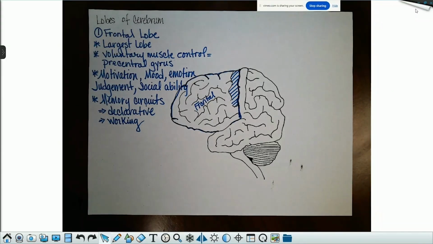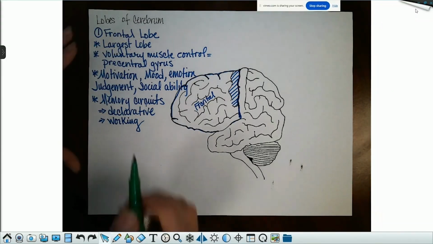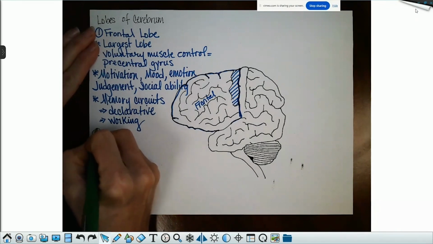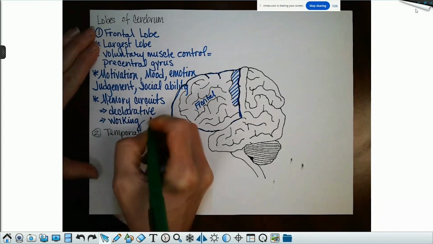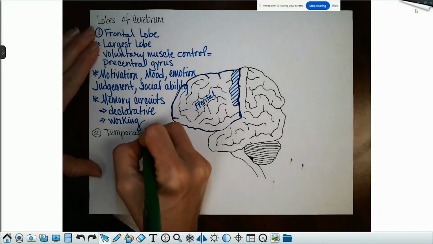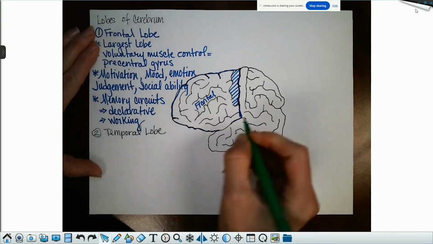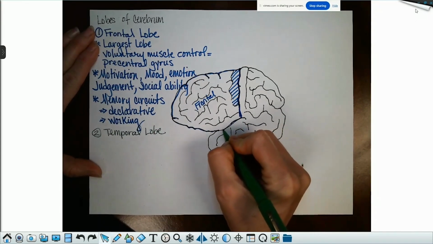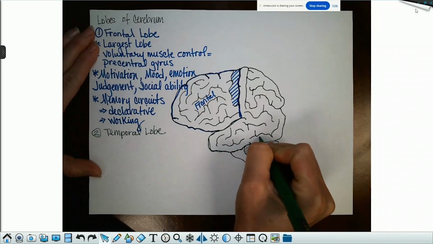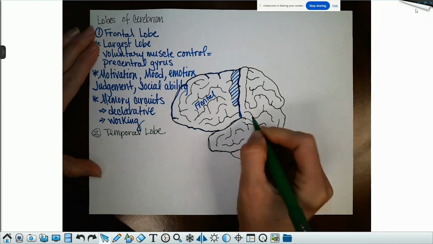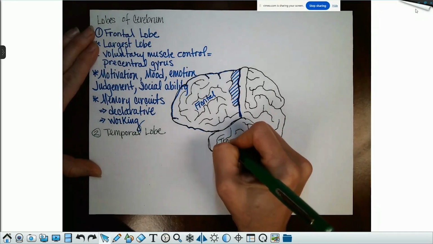We're going to look at the next lobe, the temporal lobe. Temporal, time. More so, this is about language. So the temporal lobe is very much involved in language processing.